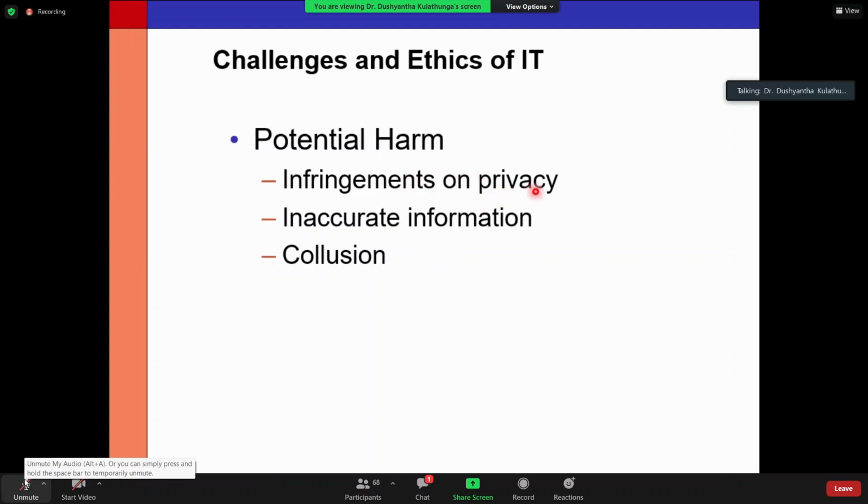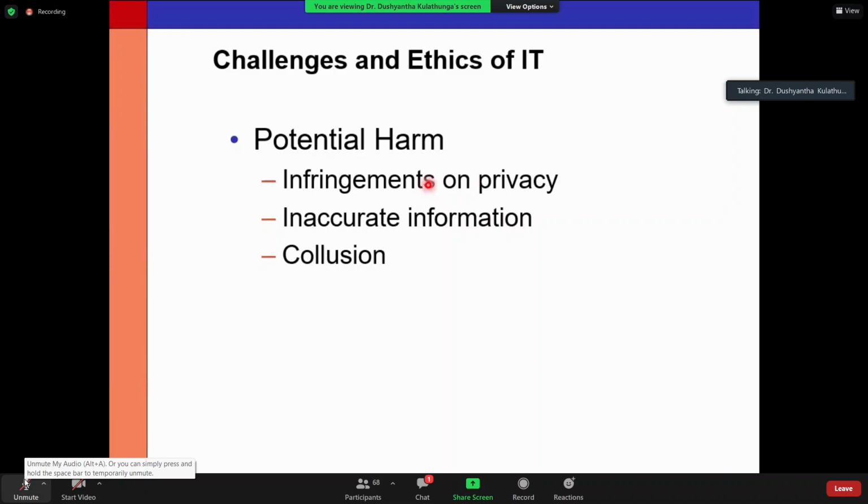Now, when it comes to privacy, suppose you may have stored your personal details in many social networks, and when those social networks are hacked, your personal details will be stolen by outsiders, and then they will sell that information to third parties for money.